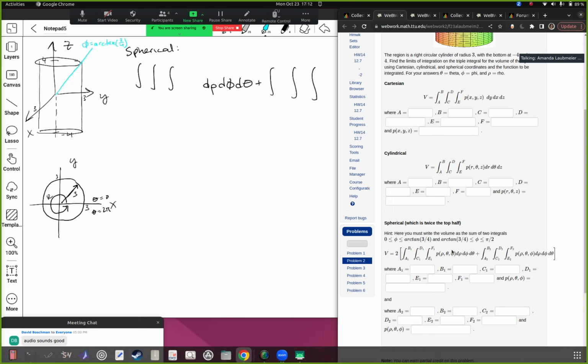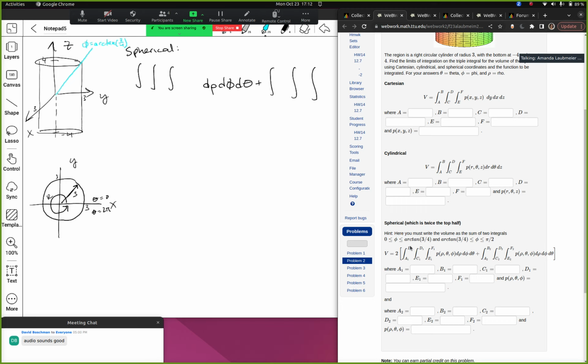And what's happening here is that there's something about the geometry of this problem where it changes if you start thinking about angles here compared to angles here.